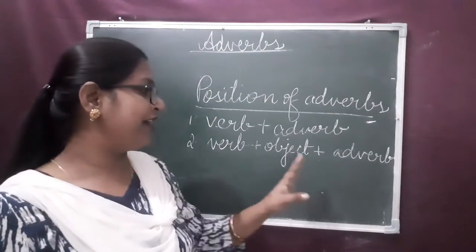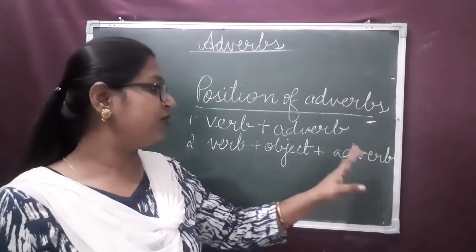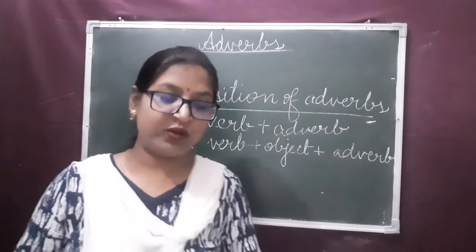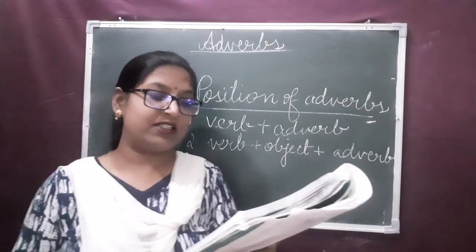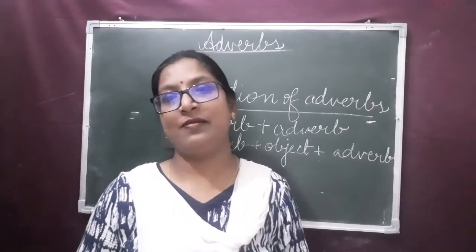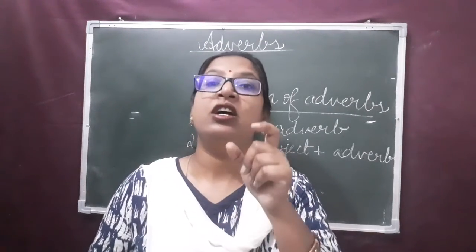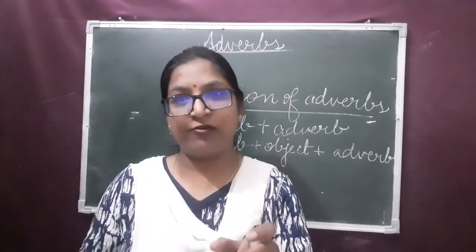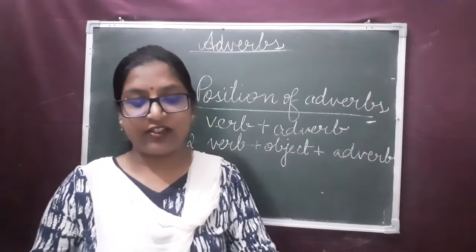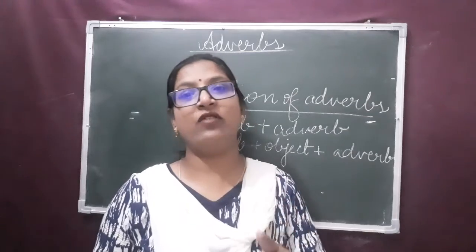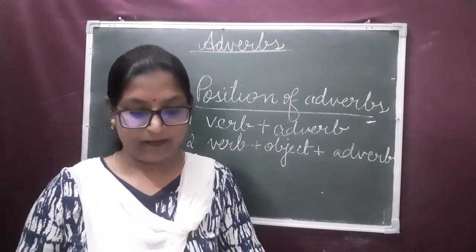If the verb has an object, place the adverb soon after the object. Let's see through an example. He gave his reply immediately. He gave what? His reply. It is the object of the verb. So, after the object comes the adverb immediately.